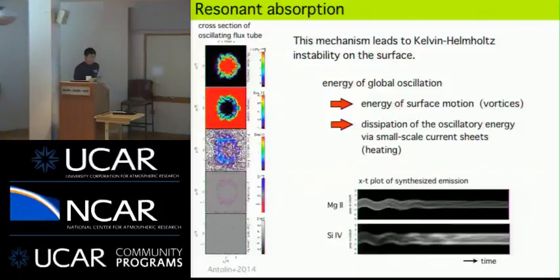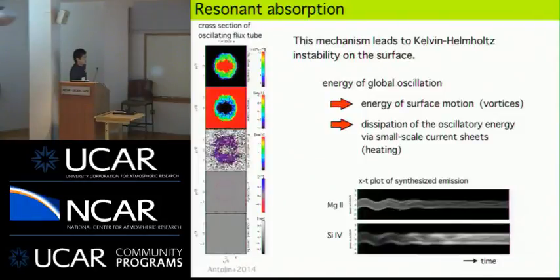And in the vortices, many small current sheets are generated, and there they can dissipate the oscillating energy, and finally heat the plasma in the corona. And such heating is also reproduced by this simulation.